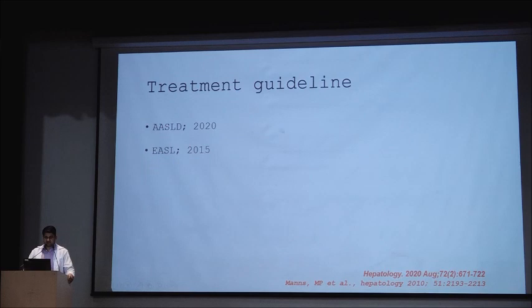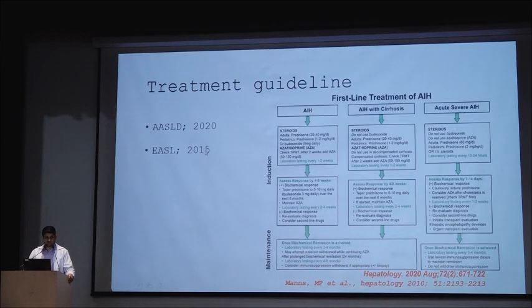Regarding the treatment guidelines, both the AASLD and EASL guidelines, published in 2020 and 2015 respectively, show that in patients with uncomplicated autoimmune hepatitis, the AASLD guideline says to start prednisolone at a dose of 20 to 40 milligram per day, followed by adding azathioprine after 2 weeks of starting steroids, or alternatively we can consider the use of budesonide, 9 milligram per day.